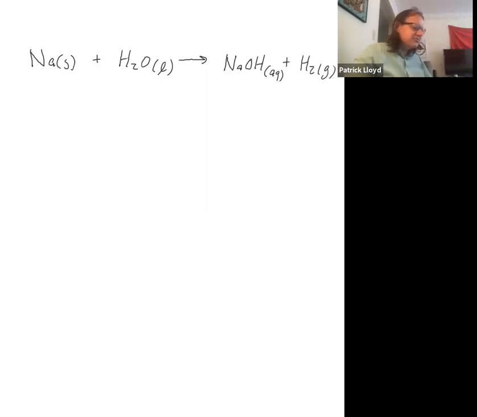When you put sodium metal into water... you're familiar with gold and steel and silver and copper. Those are all metals that are on the surface of the earth, or at least in the crust. You won't find sodium metal in the earth. You'll find sodium ions, which are dissolved in water, perhaps, or locked into rocks, but you won't find sodium metal.